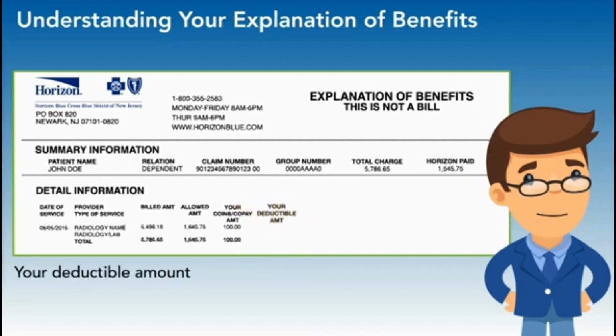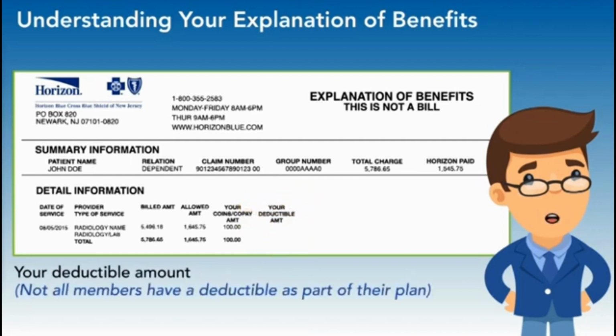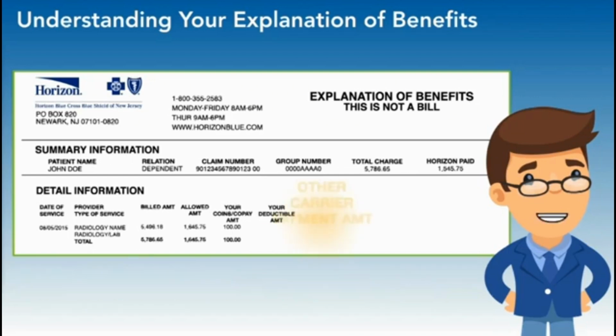Your deductible amount, the amount you are responsible for paying to the doctor, other healthcare professional or facility for the service provided before your insurance begins to pay for eligible services. Other carrier payment amount, the amount paid by another insurance carrier, if applicable. Not covered amount, the amount charged for the service that is not covered by your plan.